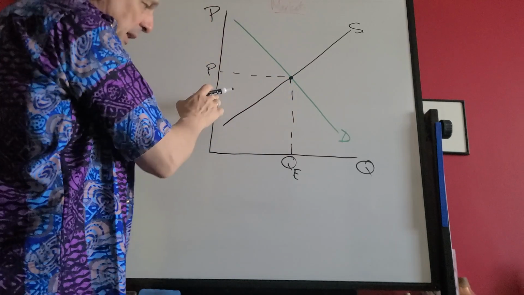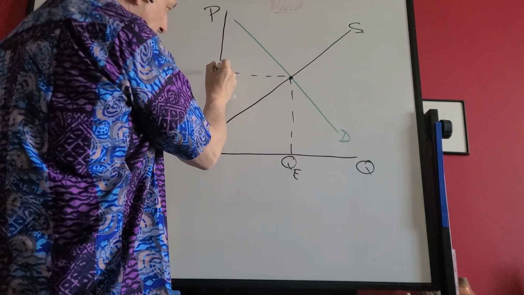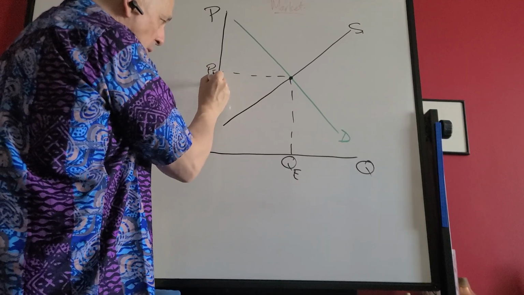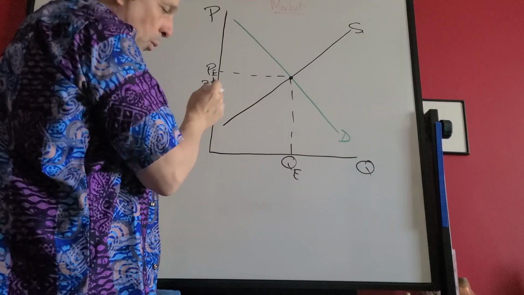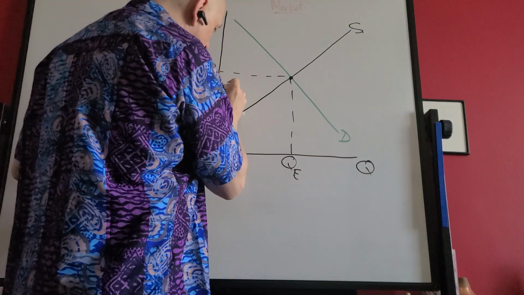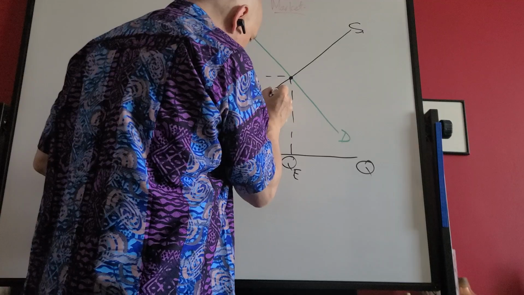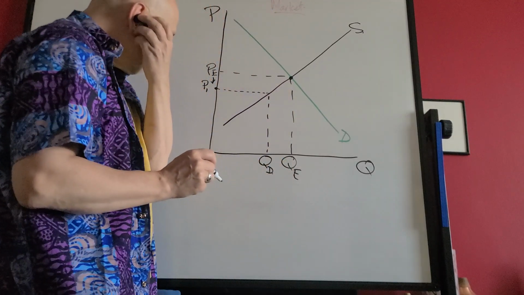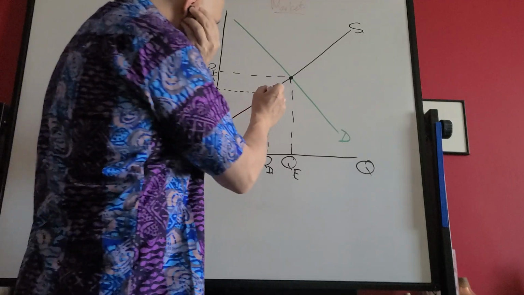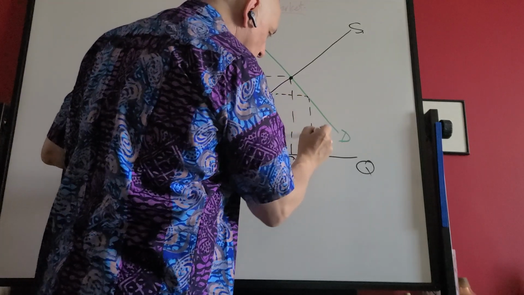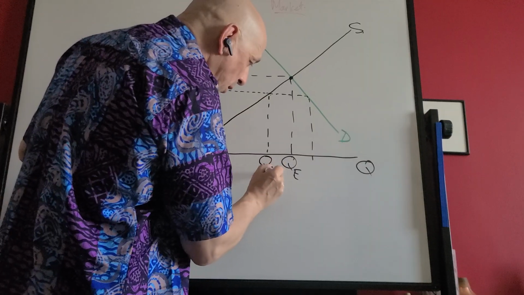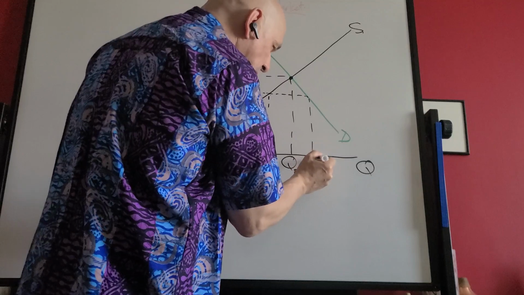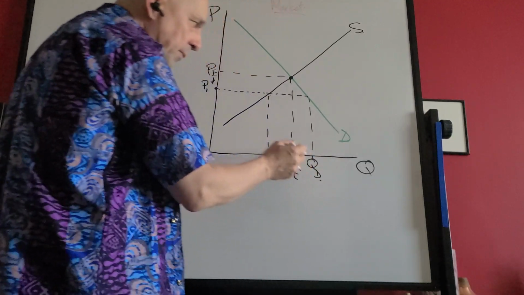If our price was below the equilibrium price, if for some reason the price went down like this, well, then we would follow our dotted line over to our demand curve, and we would find a quantity demanded here. We would continue to follow our line, our quantity supplied is right here, and then we would follow it over to our demand curve over here, and here's our quantity demanded, right?